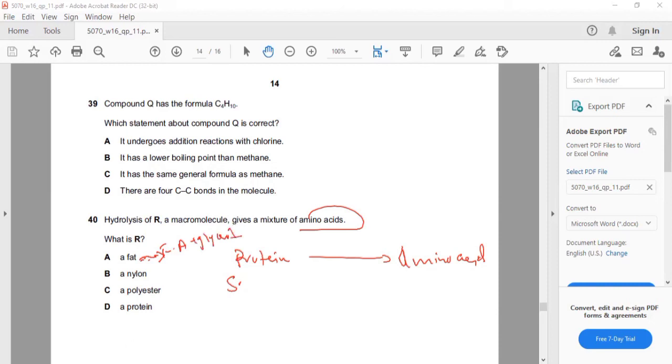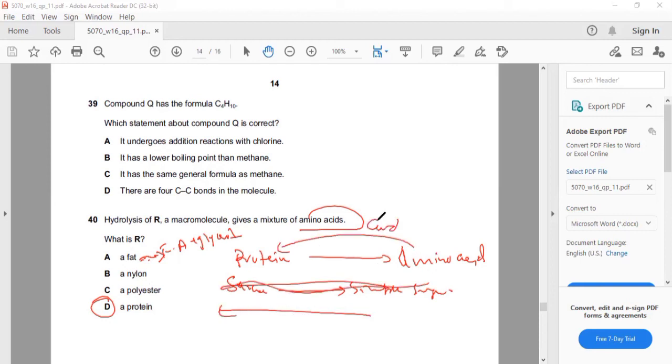If it is acidic hydrolysis, it's wrong. So sucrose gives, in your syllabus, we call it simple sugar. So protein is the answer. Okay, and if you go back here, amino acid to protein is called condensation. Protein to amino acid is hydrolysis.